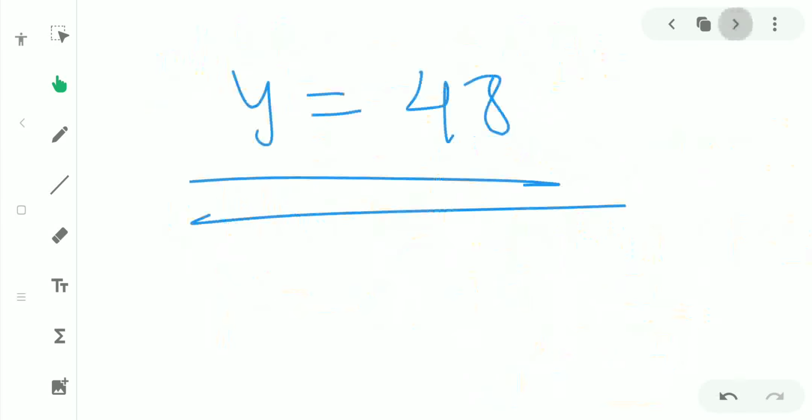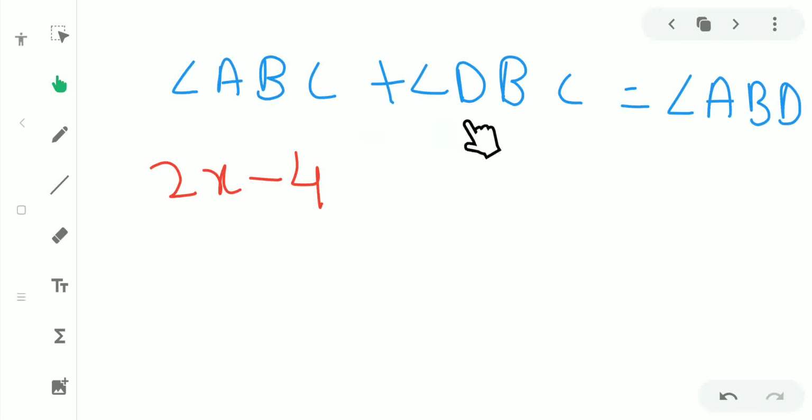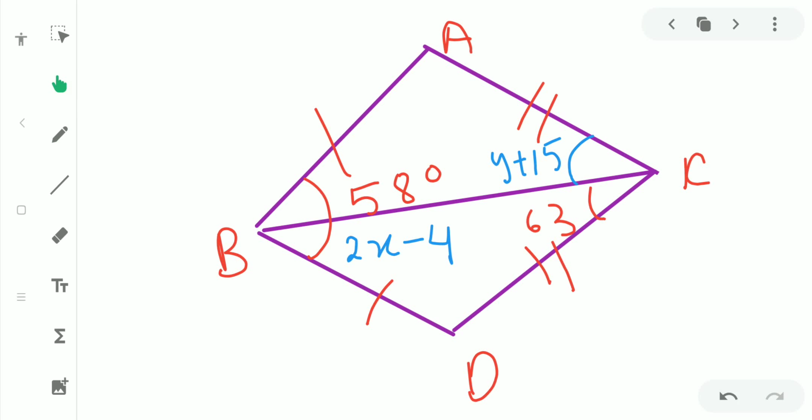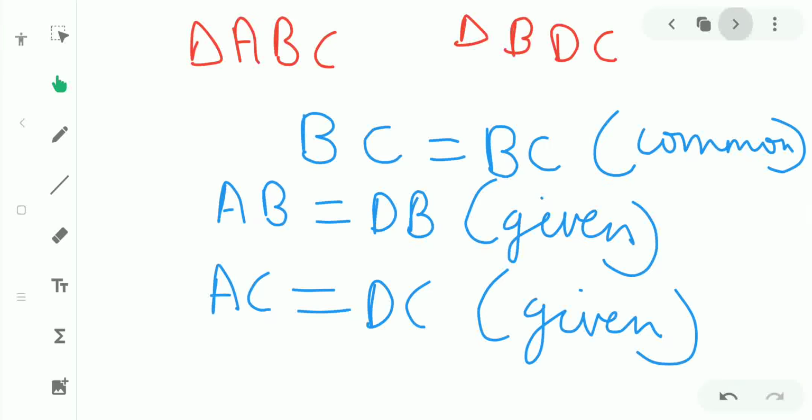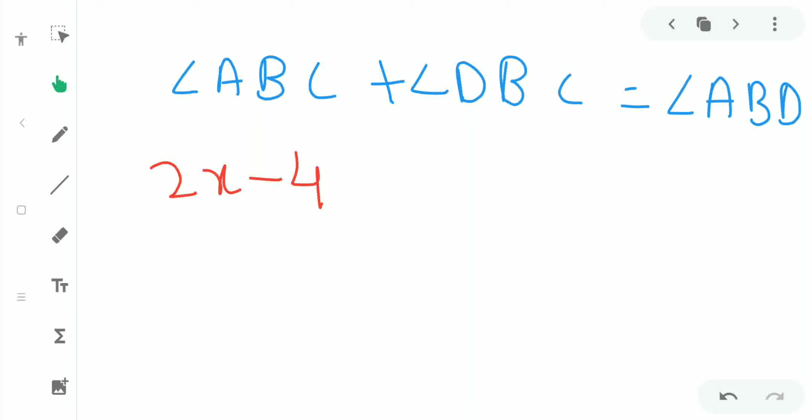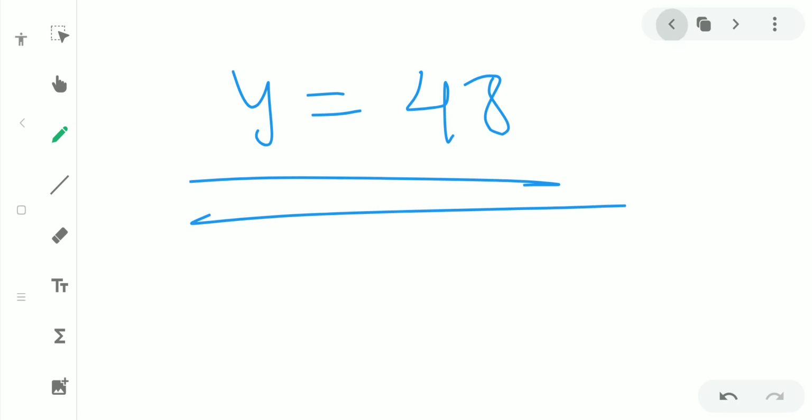Here we have angle DBC, 2x minus 4 degrees, and angle ABC plus angle DBC is equal to angle ABD.